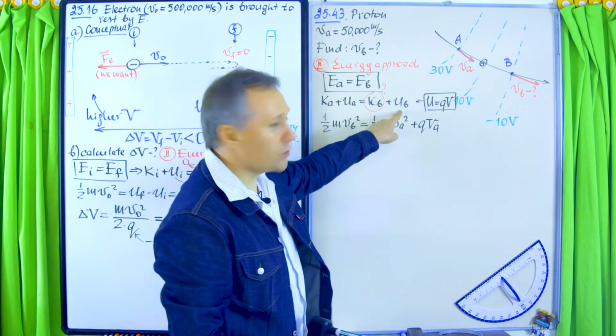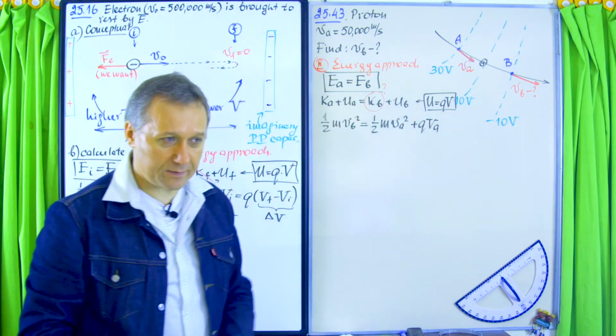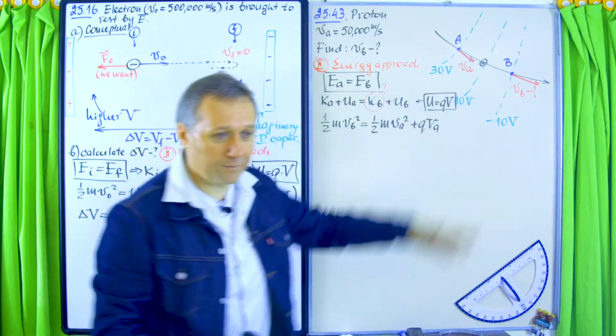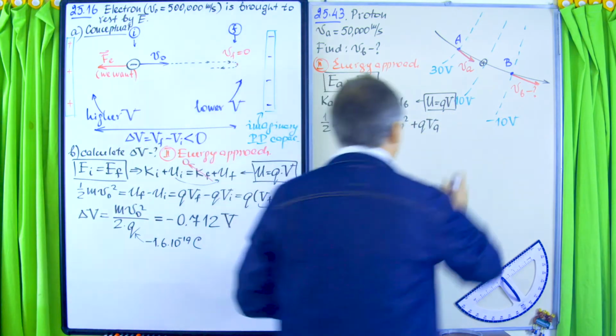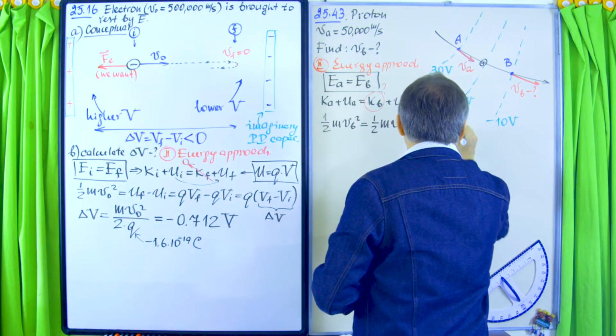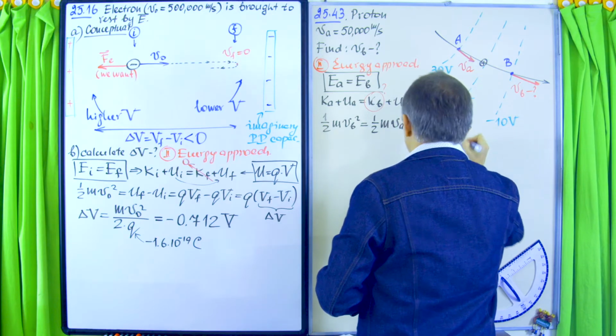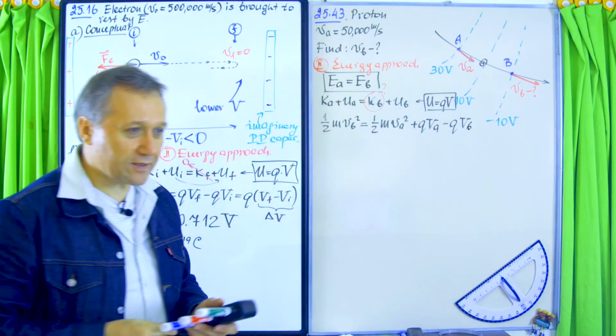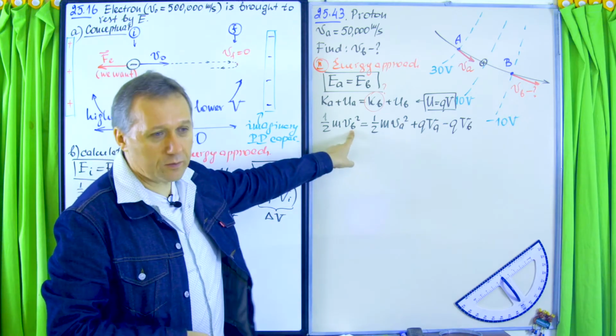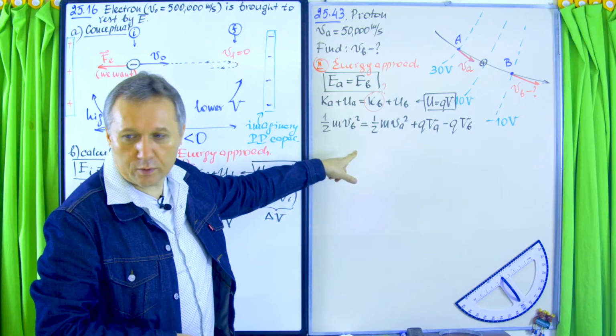And of course, this term will go to that side with minus: minus q V_B. Now the next step, we just need to show explicitly our unknown.